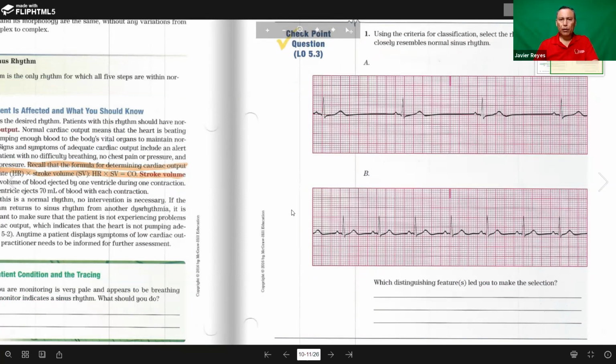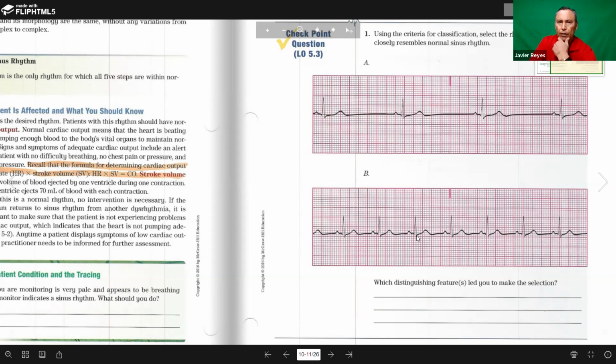And remember, the PR interval tells us how long the signal from the SA node to the AV node is taking, which is 0.12 seconds. That's like a little blink of an eye. So you determine your PR interval. Here, normal. Here, 1, 2, 3, normal, and so on.